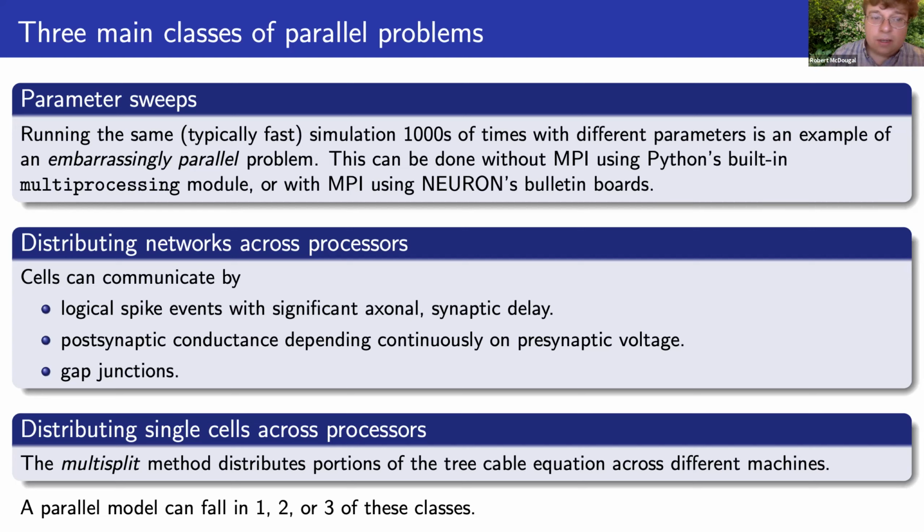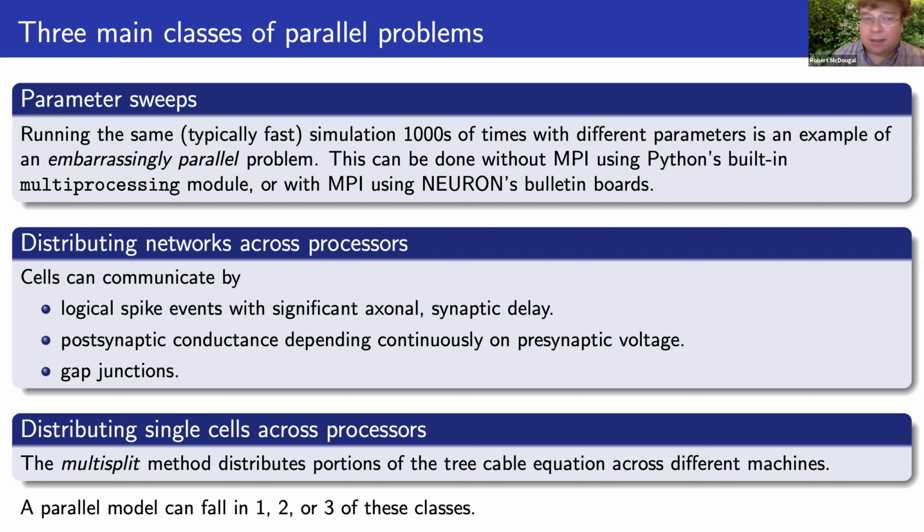Alternatively, you may want to have a parallel model where it distributes networks across processors. The most efficient version of this is when it's reasonable to have any individual cell entirely on a single processor, but the cells themselves are distributed across tens, hundreds, thousands of processors, however many you have. And exactly how this works, and how efficient it is, is going to depend on the nature of communication between the cells.